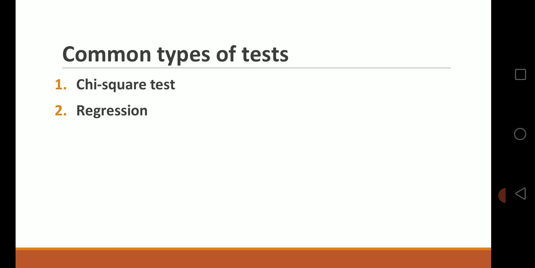These are the most commonly used types of tests to assess association between variables. Okay, we are going to discuss each one of these two types.